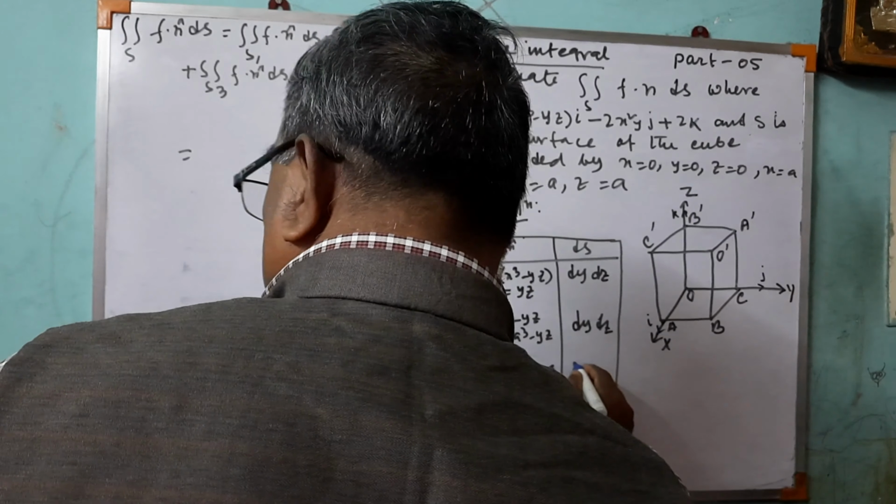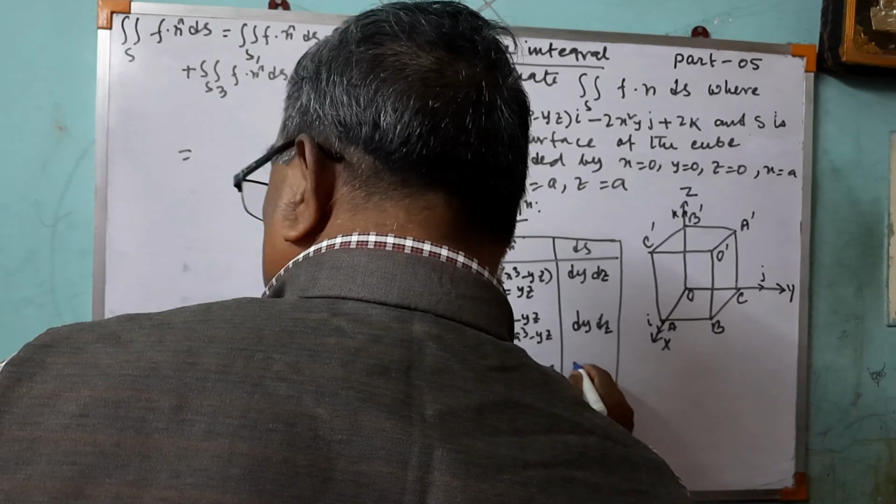This becomes z equal to 0 to a, with respect to y, y square by 2 times z, then 0 to a dz. Taking upper limit minus lower limit, z equal to 0 to a, that is a square by 2 z dz.